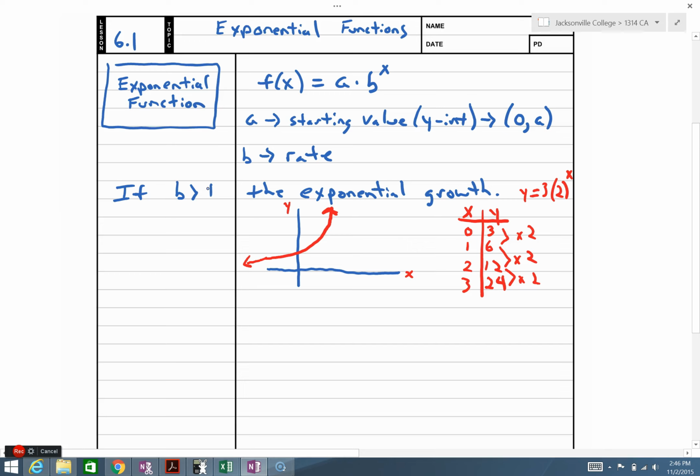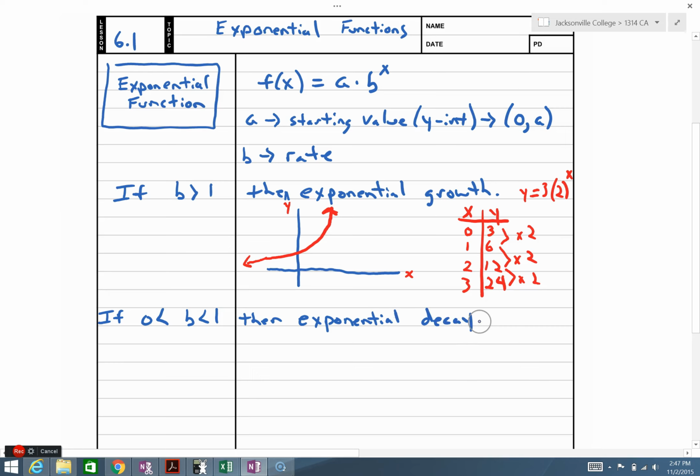Now, if b is less than 1, if this value b is less than 1 but greater than 0, if it's some number between 0 and 1, then we're going to have exponential decay.